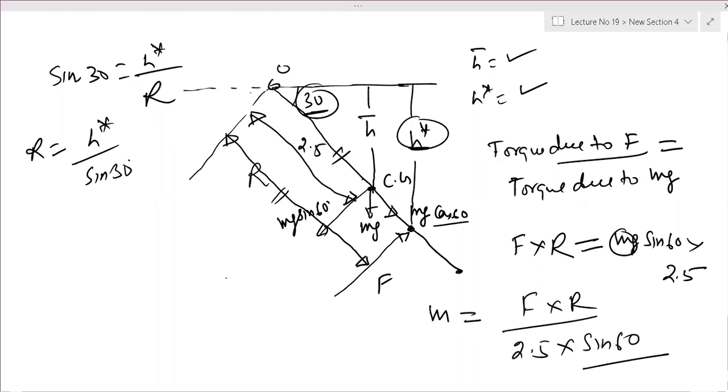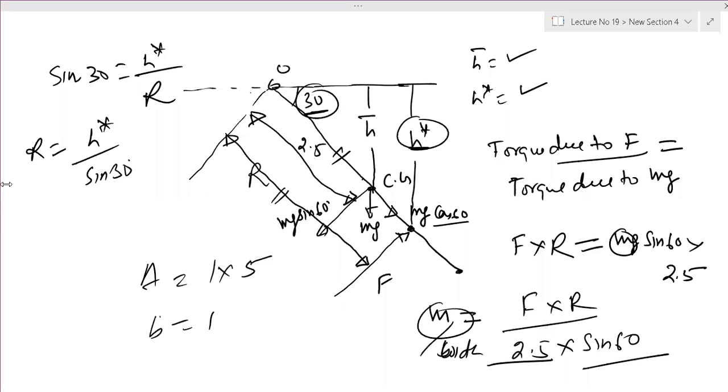Because we have already taken the area as 1 into 5 and the width as 1, it will automatically be per unit width. Concept is clear? Everybody getting this? Have we understood the concept?